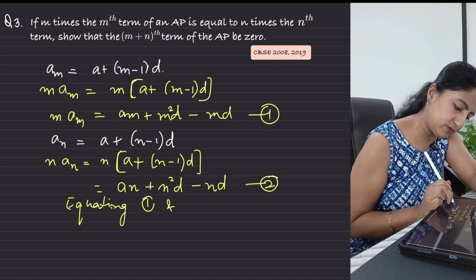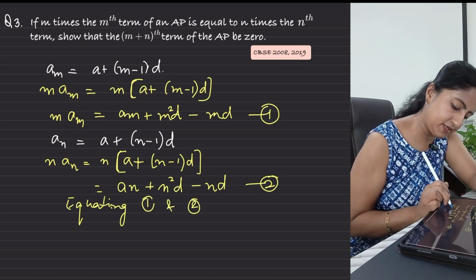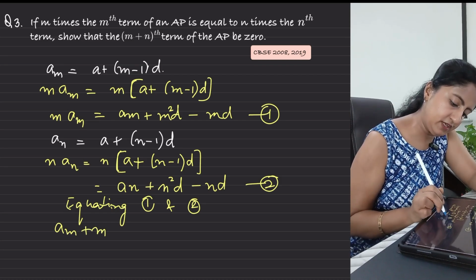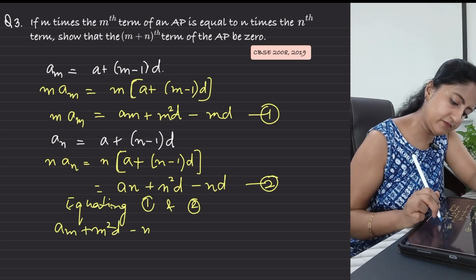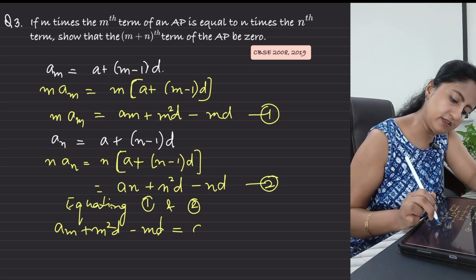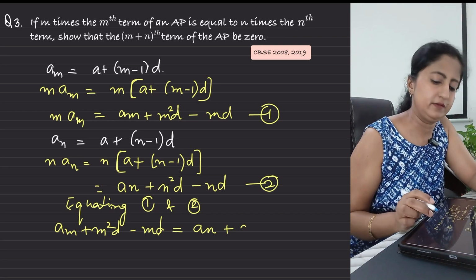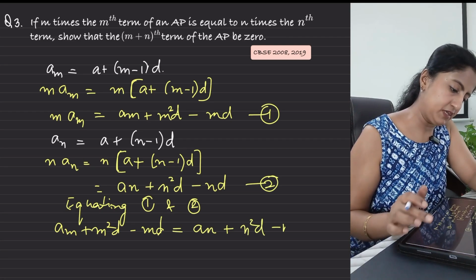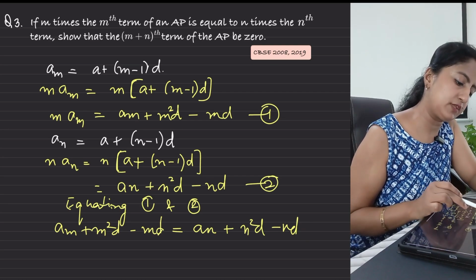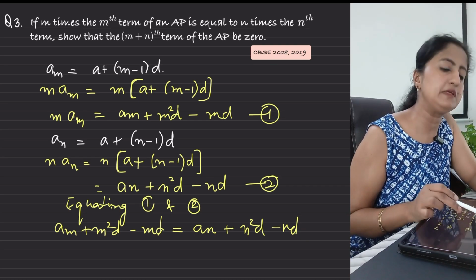So that leaves us with am plus m²d minus md equals an plus n²d minus nd. Now we will solve it, and they had asked to show that the m plus nth term of the AP be 0.